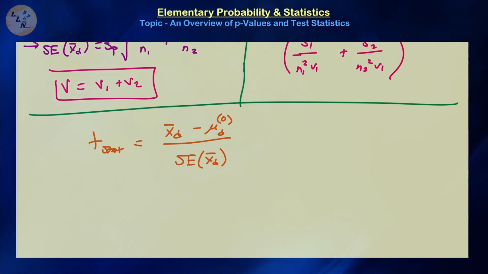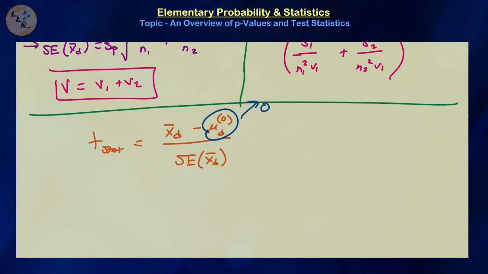And typically speaking, since we're just trying to see if there's a significant difference between them, most of the time this is going to be taken to be equal to 0. So again, we're just going to have the point estimate on the top, most of the time, divided by our standard error. And that's how you can conduct the 3 most common t-tests for the equality of population means.